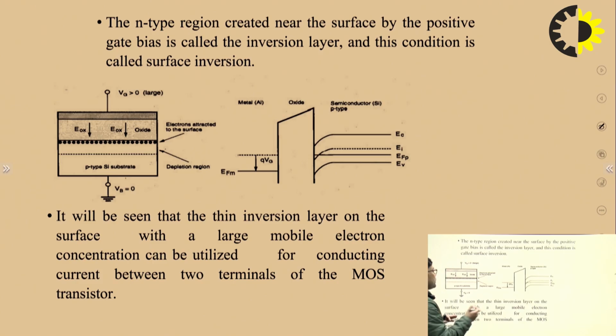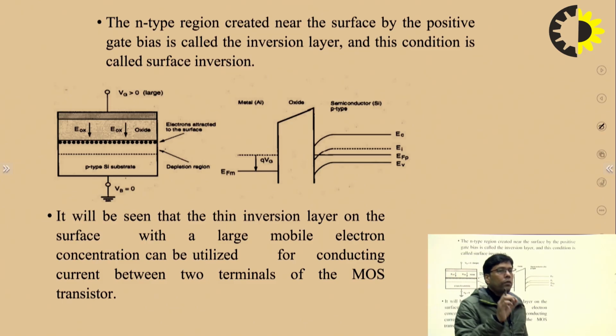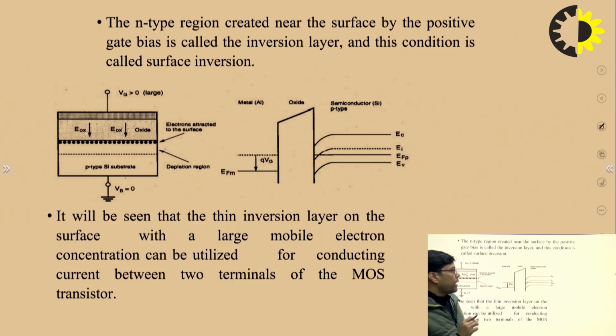Or in other words, we can say at the interface the minority charge carrier concentration is getting very high, which is creating a thin layer. This layer is known as the inversion layer. Why? Because here we are considering the p-type semiconductor, and we have created a layer of electrons, that is minority carrier concentration, which is an inversion of the p-type semiconductor, and this layer is known as the inversion layer, or also called a channel.